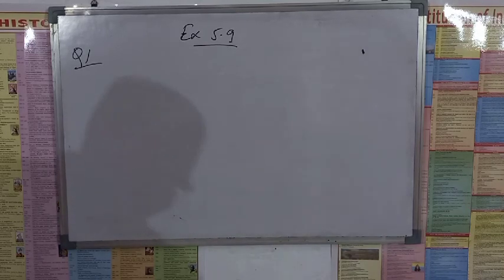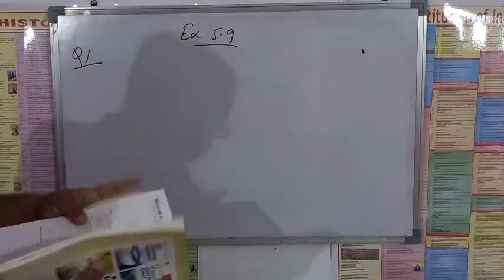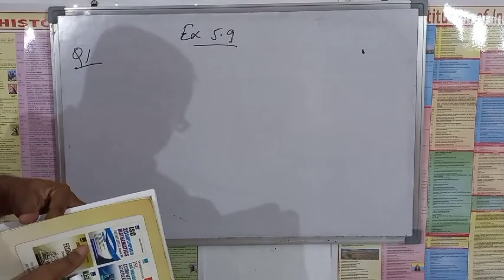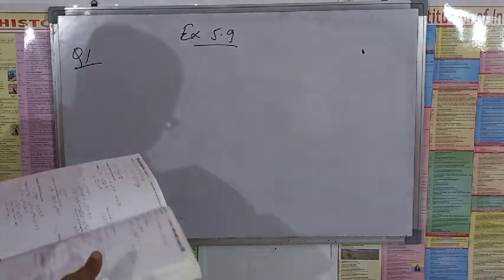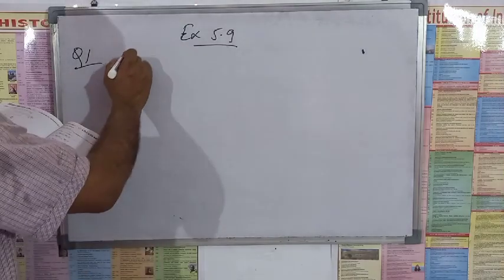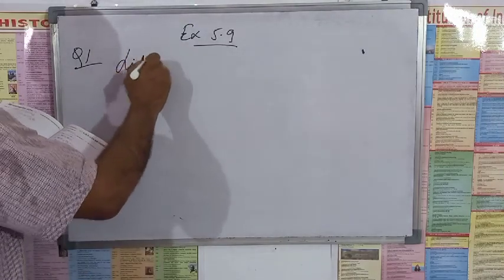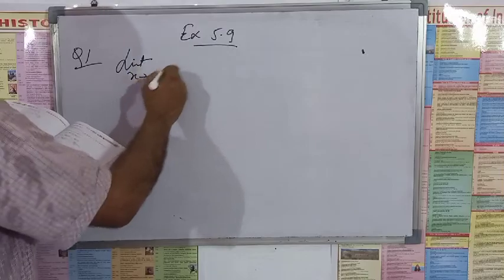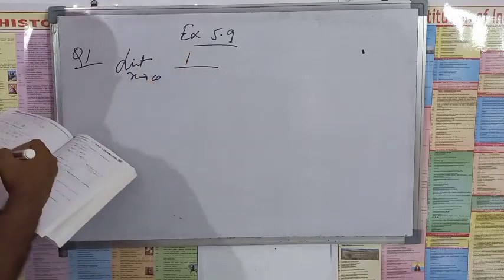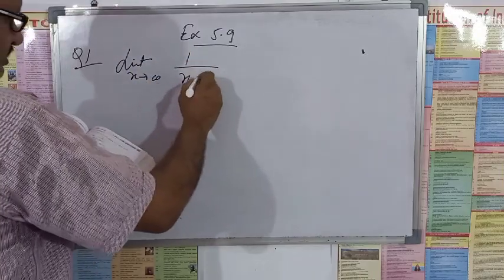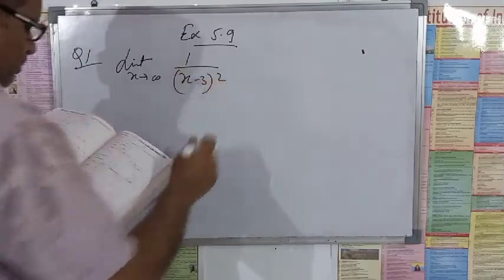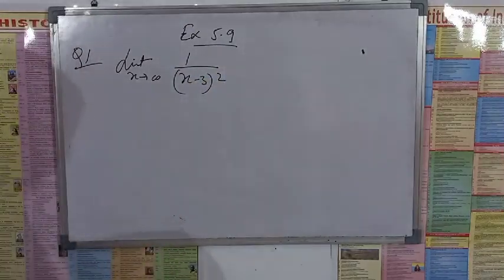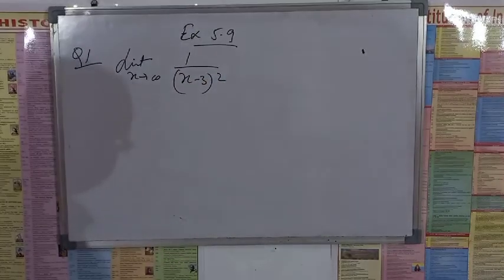See first question. The first question is limit x tends to infinity of 1 upon (x minus 3) whole square.